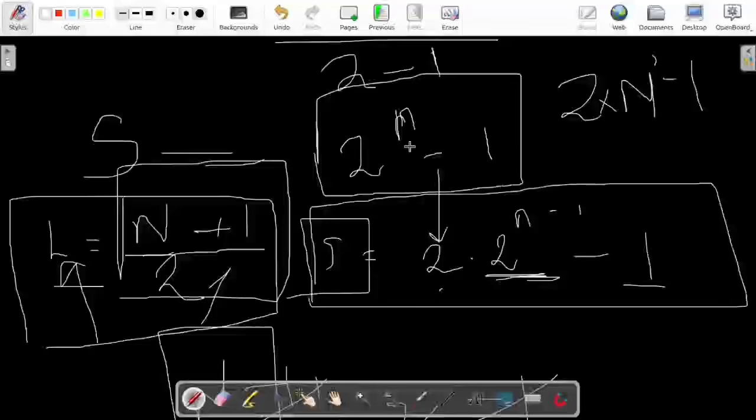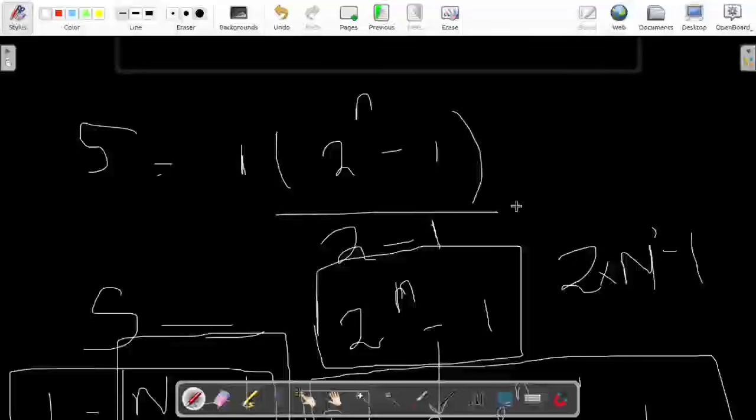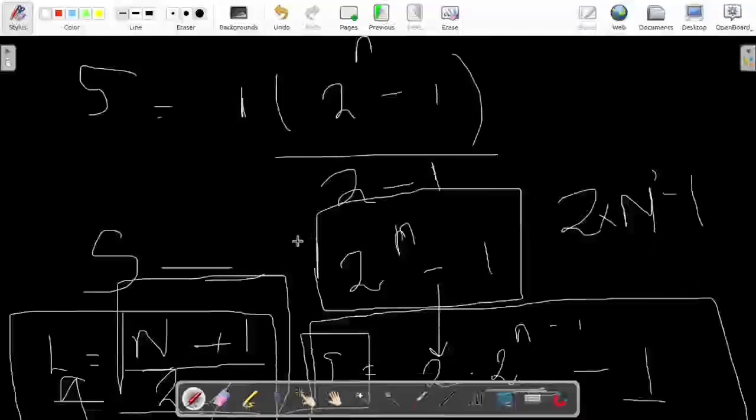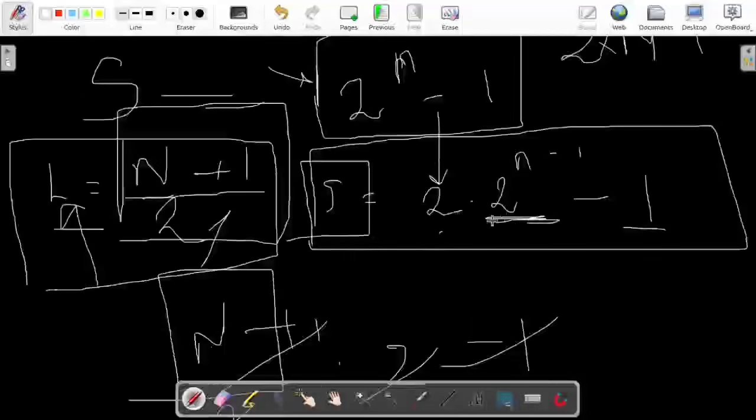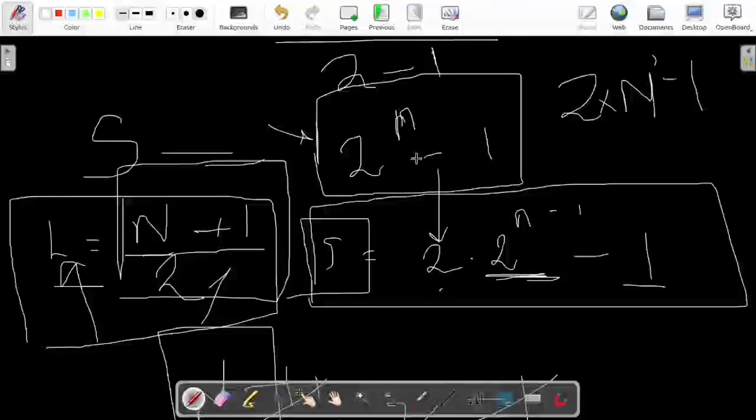I hope you guys get that. We wrote the summation of a GP formula and we got this equation. I removed a power of 2. Earlier I had n powers of 2, and if I remove one power, I will be left with n minus 1 powers of 2. And this minus 1 was there by the formula.